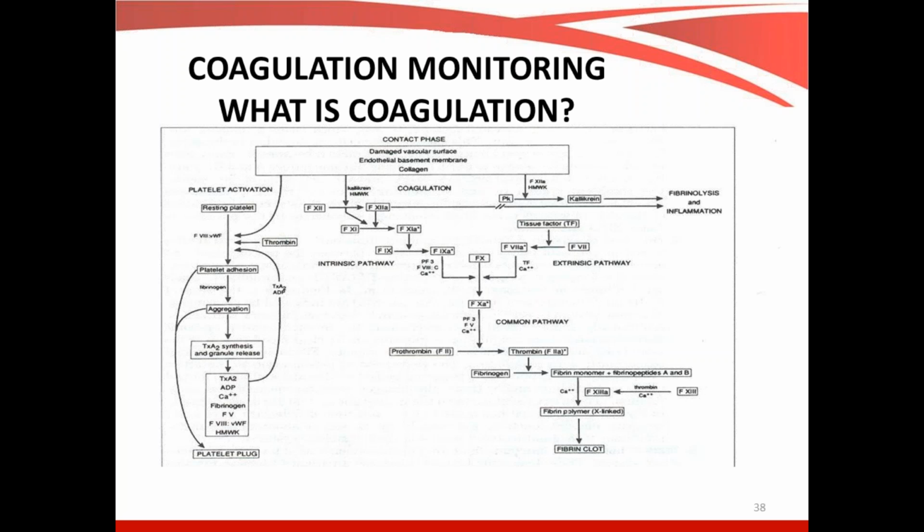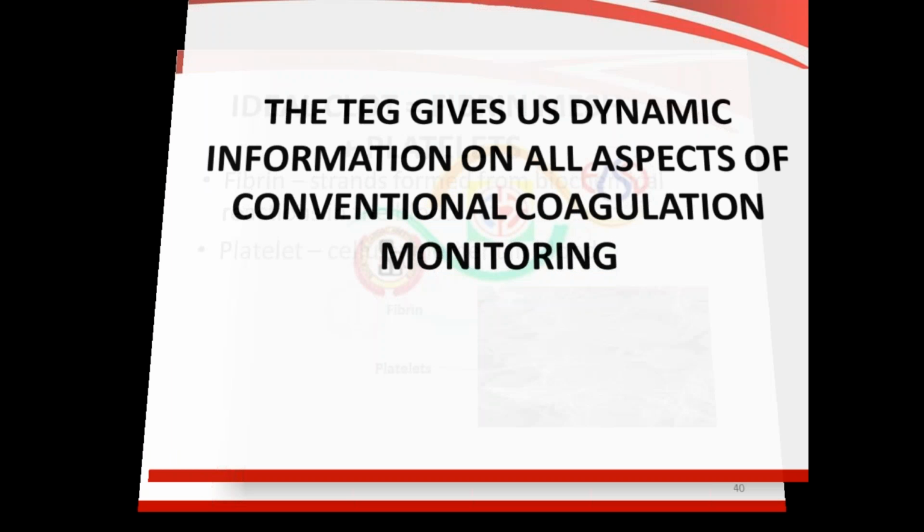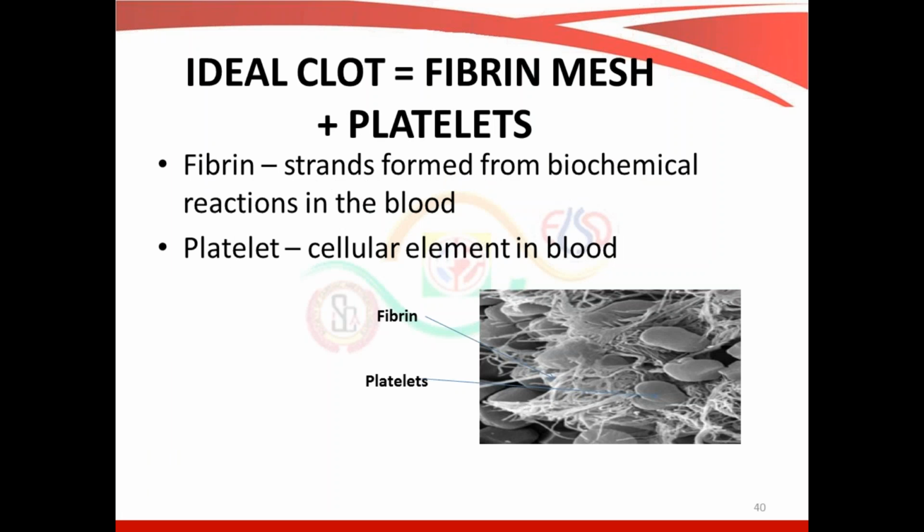So at all 3 levels, whether there is a decrease in the platelets or an incomplete clot strength in the form of an MA, or factor 8 when there is hyperfibrinolysis with LY30 coming up faster, or there is a common pathway of fibrinogen or a hypofibrinogenemia showing up with R, K or alpha angle, all is very well taught on a point of care test. So it gives us dynamic information, and once the fibrin mesh with platelets forms and R, K and alpha are normal, you can breathe a sigh of relief.